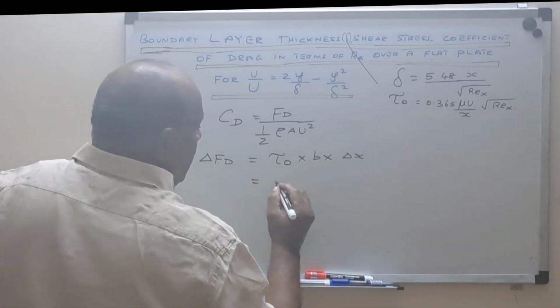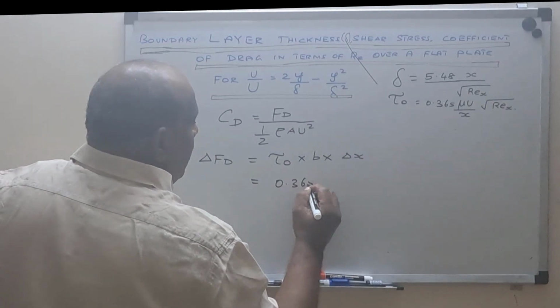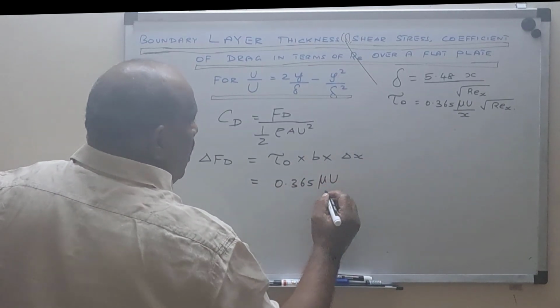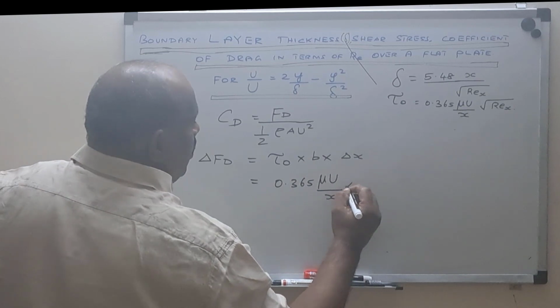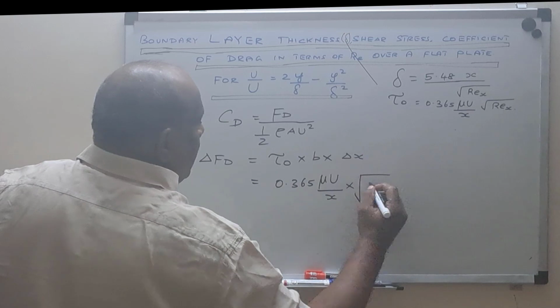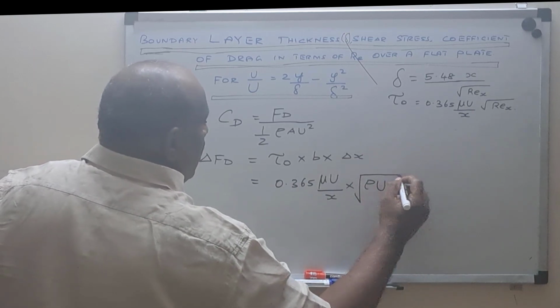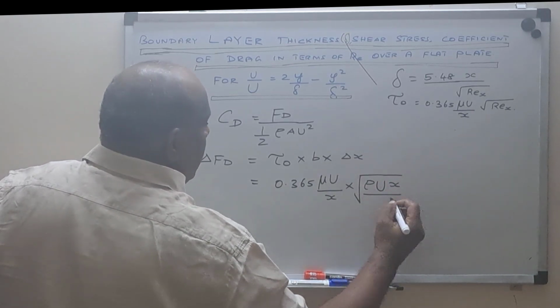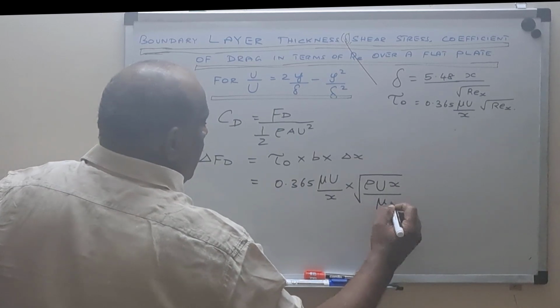Okay, what is tau naught now? You substitute from here. So it is 0.365 mu u by x into square root of Reynolds number into B into delta x, where Reynolds number is rho capital U into x by mu.